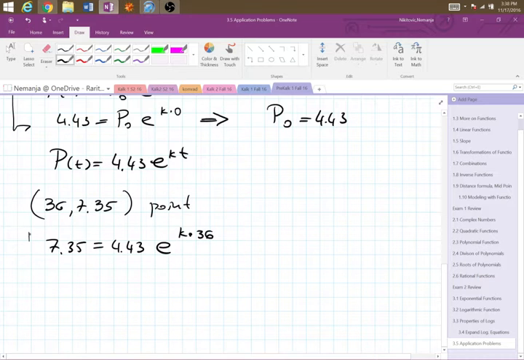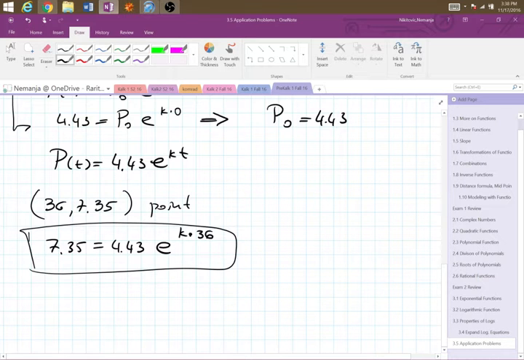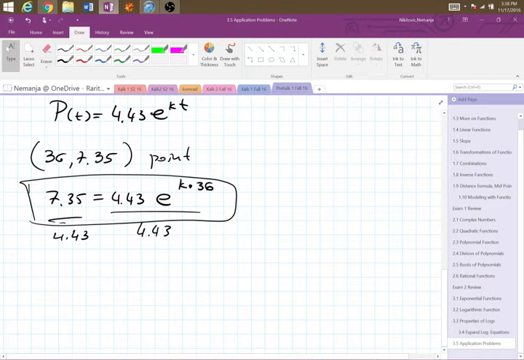I hope you see the exponential equation over here, which we know how to solve either by conversion or by using ln on both sides, whatever works. I'm going to divide both sides by 4.43. Remember to keep 4 decimal places. So these cancel. We get that e to the 36k is equal to whatever we get when we divide 7.35 by 4.43.